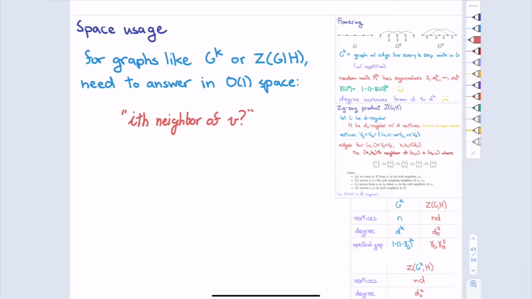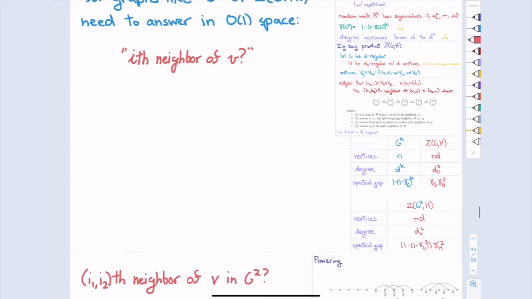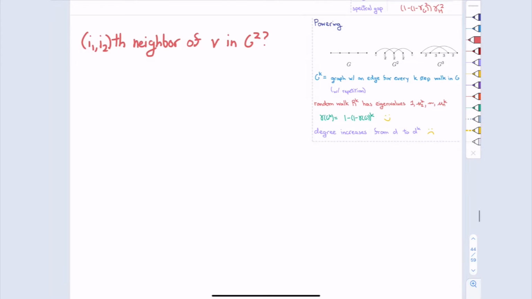So, let's look, for example, at g squared. How much space do I need to answer a question like, what is the I1, I2th neighbor in g squared? I wrote it as 2 indices because in g squared you take 2 steps, so the degree is d squared for some d. That's how I broke it down.